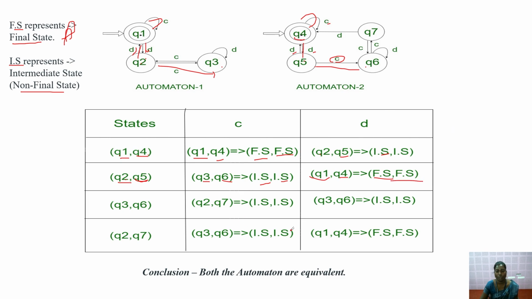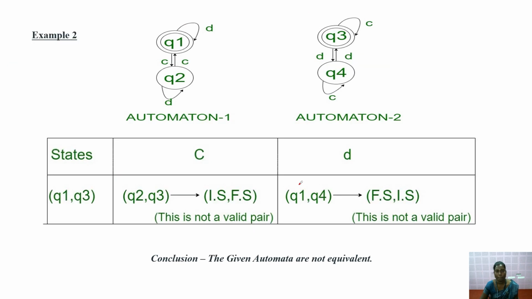Similarly, this has been followed here. So here both automata are considered equivalent, because the states correspond as final state with final state and intermediate state with intermediate state. So this automata pair has been proven equivalent.